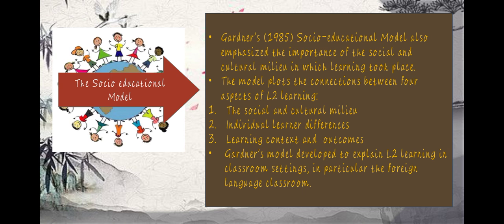And then the second aspect is individual learner differences. It refers to the socio-cultural milieu, which affects both cognitive and affective variables. Cognitive variables include intelligence, language aptitude, and language learning strategies.